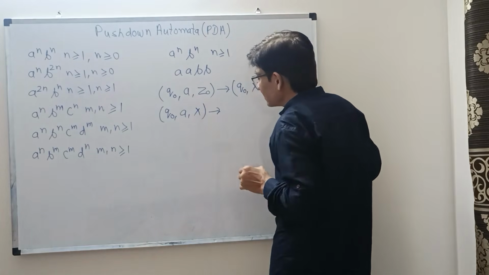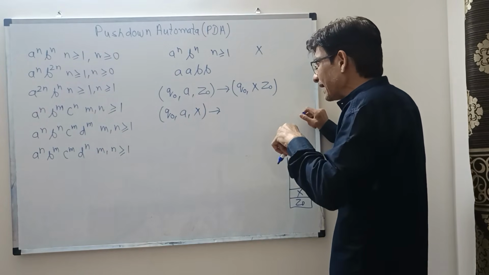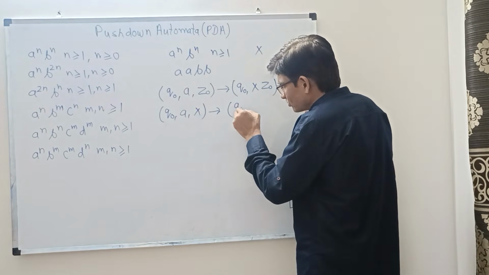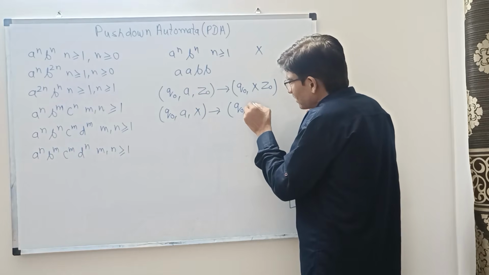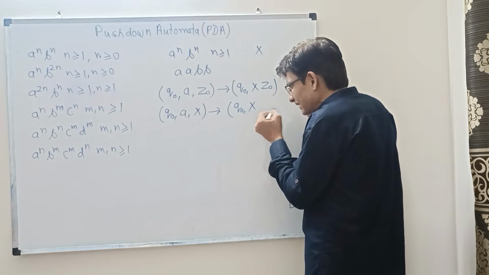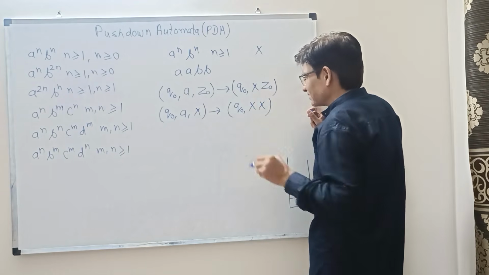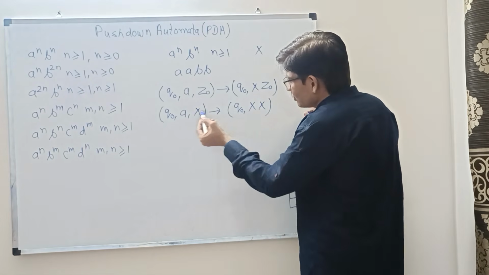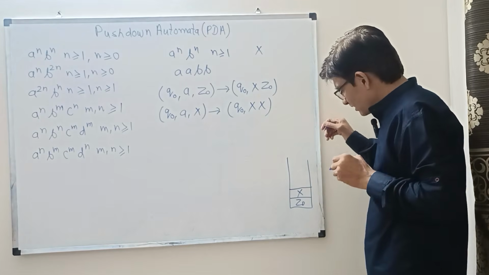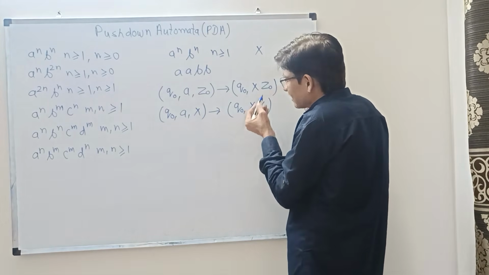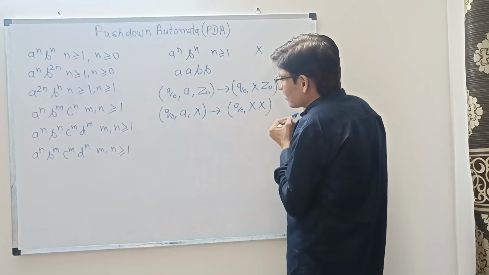In this case, we will push one more X into the stack, so I can stay in Q0, then I will push one X here and write the current stack top as it is. So this is how you can mention this transition. Now, any number of a's you can read with this particular transition.